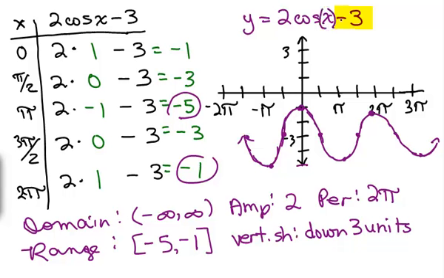You're only taking the cosine of x, and then the whole graph is shifted down 3 units. So we call that a vertical shift. If you've watched my videos on graphing the sine function, it's the same principle. Everything is shifted. If you have something like plus d, or whatever value this is, if it's positive, it's going to be shifted up. If it's negative, it's going to be shifted down that number of units.